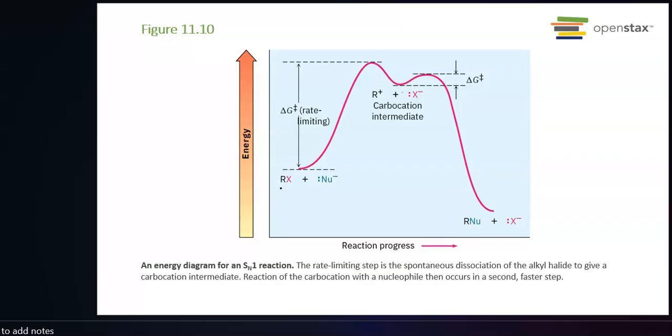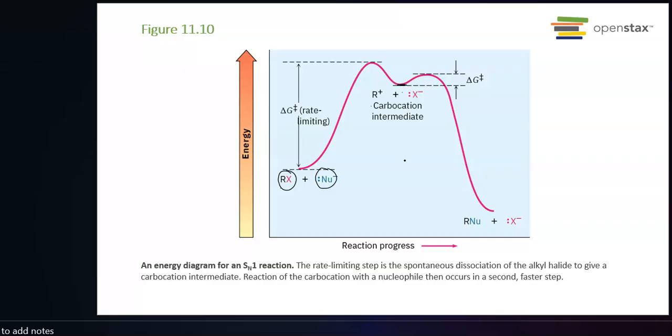Okay, so the first step would be the rate determining step, where the alkyl halide, which is my substrate, forms an intermediate carbocation. In the second step, the new nucleophile will attack the carbocation and then form the product.